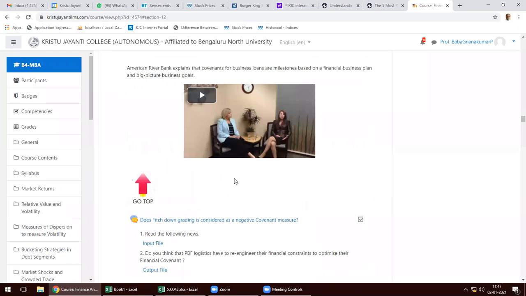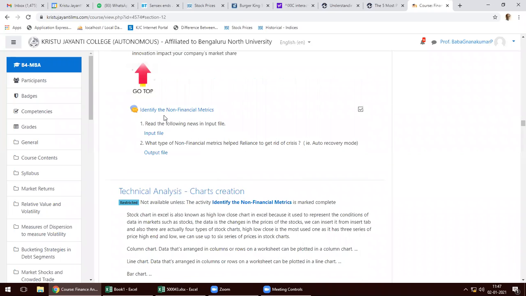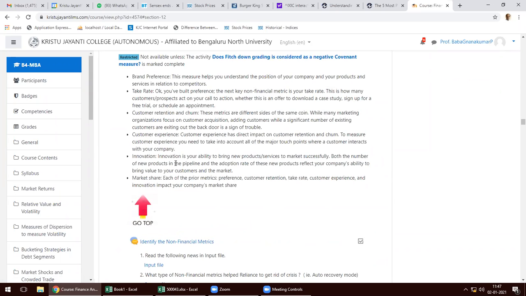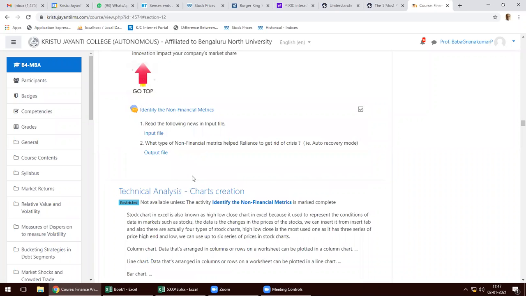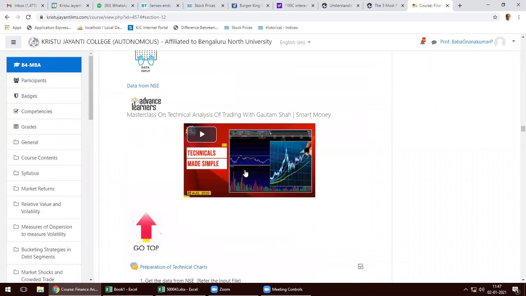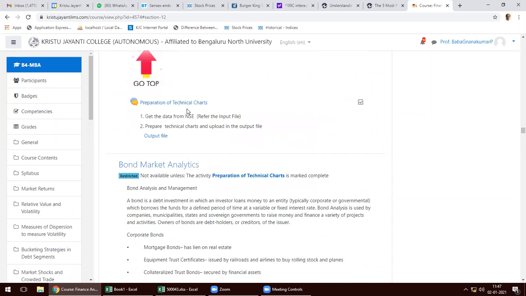Only if you read these stories and upload, then only it will go to the next one. For example, Georgian was absent on the previous day. Once Georgian completes the previous exercise and answers this question, then it goes to the technical analysis. Then only he is able to prepare the technical chart. Otherwise, even though he prepared it today, he can't upload. It won't open. That is how I designed our LMS.